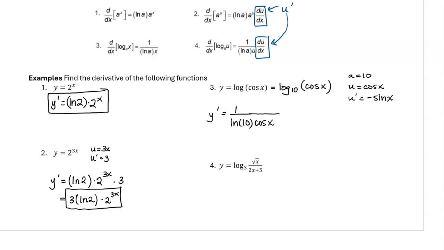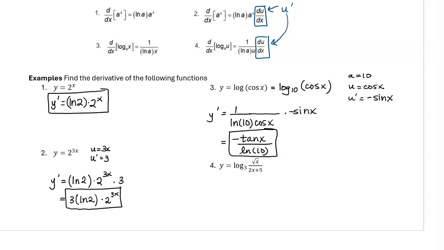And then we need to multiply by du dx, which was a negative sine x. Now I'm going to clean this up a little bit because I know that a sine divided by a cosine is a tangent. And don't forget we have that minus sign in there. So we are left with negative tan x divided by natural log of 10.